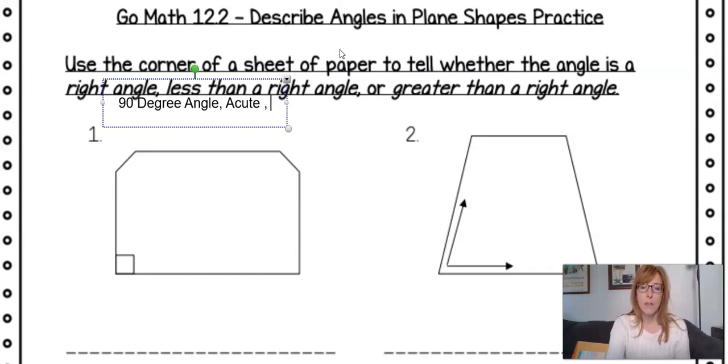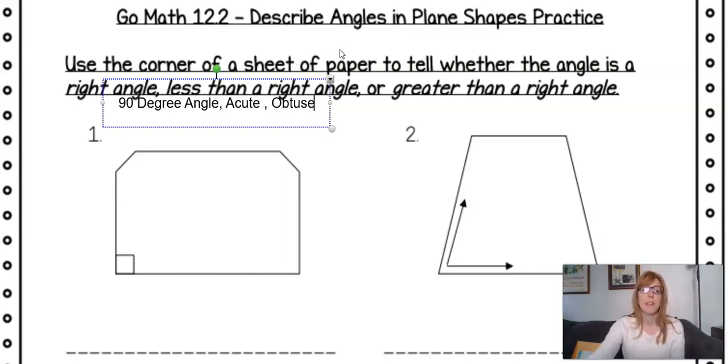And then our other one, if you have a 90-degree angle and it goes bigger than a 90-degree angle, hopefully you're thinking to yourself, what is that word that has the B like in big, and that would be obtuse.